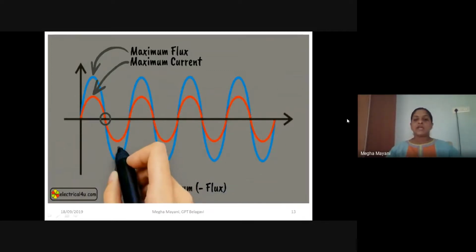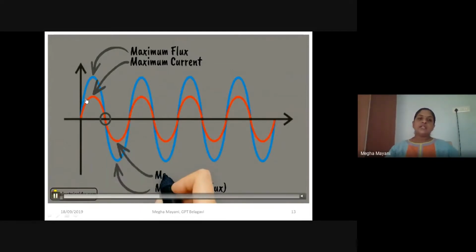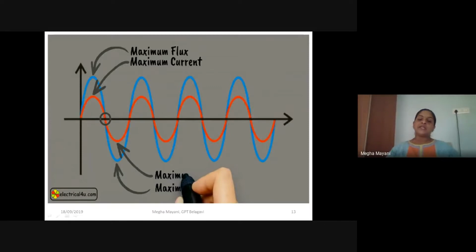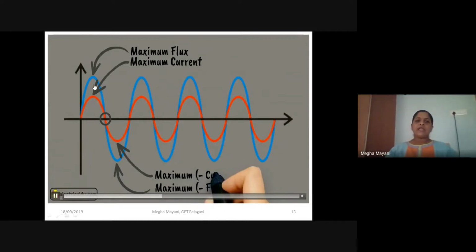So hence we can observe here that you have alternating directions for flux as well as current in correspondence to the supplied voltage. So the peak values correspond to the maximum flux and maximum current value.